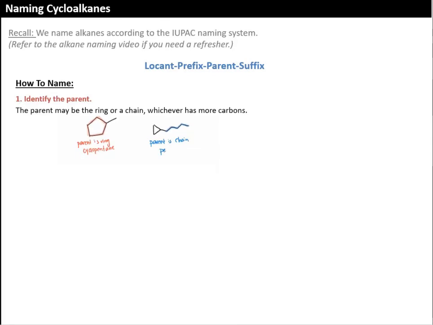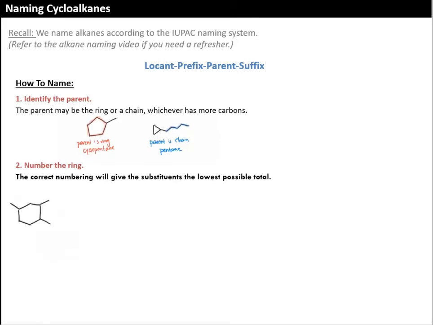Because we already know how to name linear alkanes, we'll apply the steps below to the cases where the ring is the parent. The next step is to number the ring. Because it's a ring, you'll be faced with a choice of how you number. You'll always want to use the numbering that gives the substituents the lowest possible total. Let's look at what that means. In this example, a trimethyl cyclohexane, I can start numbering at the red carbon and then move around the ring toward the closest substituent.